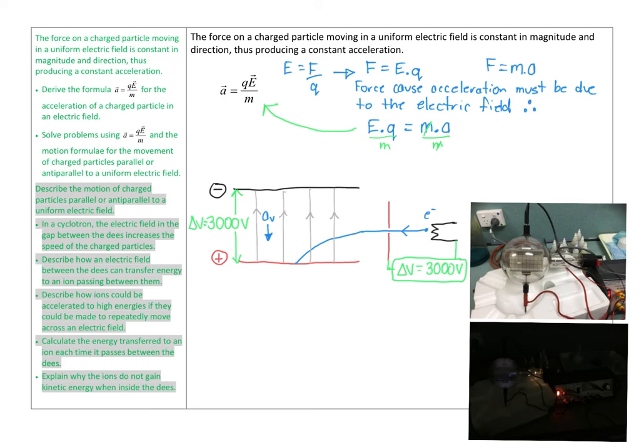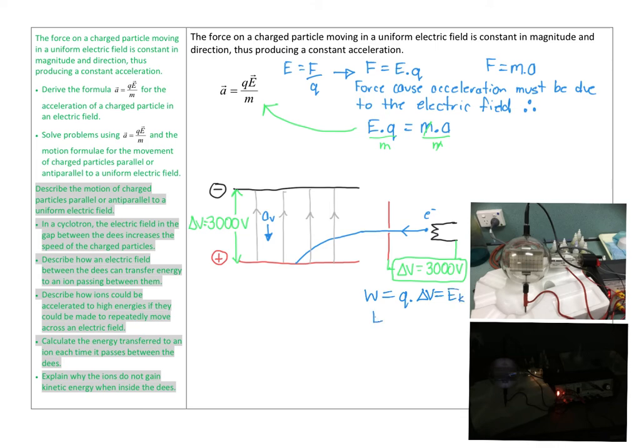Now, if we want to work out the initial velocity of those electrons, we can do that using basically that the work done on those electrons will be equal to Q times delta V, which is going to be equal to their kinetic energy.